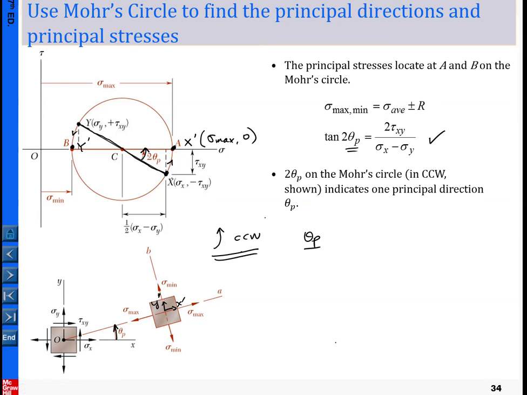Now from here, you know that is a coordinate on x prime. X prime represents the state of stress on this plane. The first coordinate is the normal stress, so that is the reason why the normal stress maximum is this one. Then y prime has the minimum coordinate, and y prime represents the state of stress on this plane, so that is the reason why the first coordinate is the minimum, like this one.